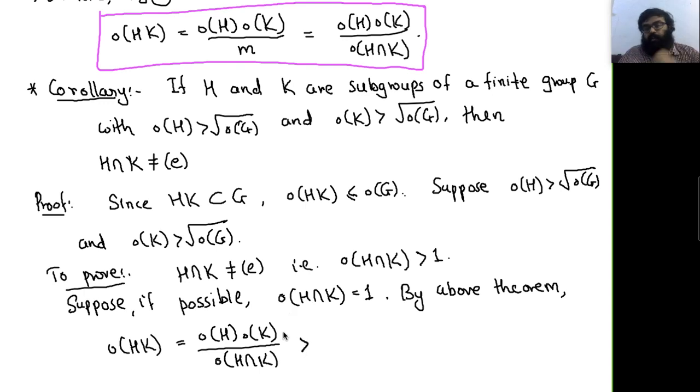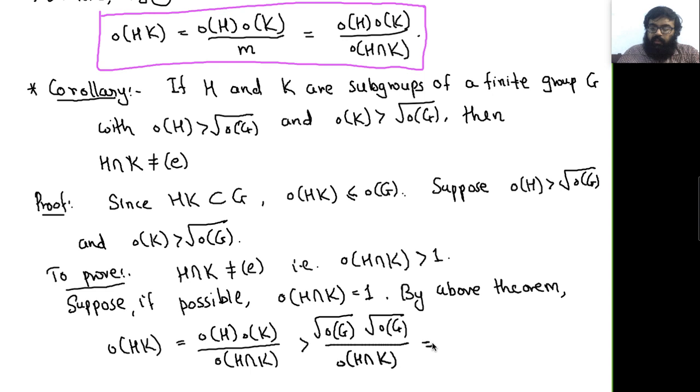Now this is greater than, see, order of H is given to be greater than square root of order of G, and order of K is also greater than square root of order of G. So this is greater than square root of order of G times square root of order of G upon order of H intersection K, and this equals order of G upon 1, because we assumed order of H intersection K is 1. So this equals order of G, which is a contradiction. Why is this a contradiction?